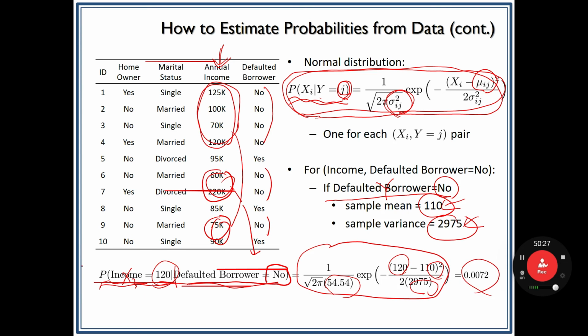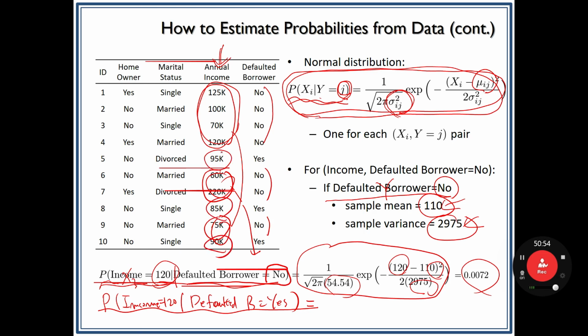We can do the same thing for the case of defaulted borrower equals yes, and compute the income equals 120. To compute this one, we first have to estimate the mean of these three observations and the sample variance of these three observations.